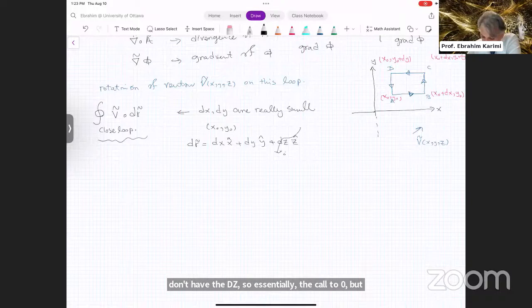And now I'm looking at the integral of v dot dr on this loop. The loop that I have goes here, here, here, and here.